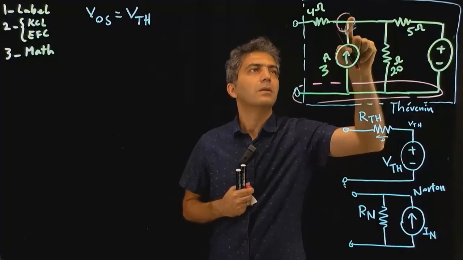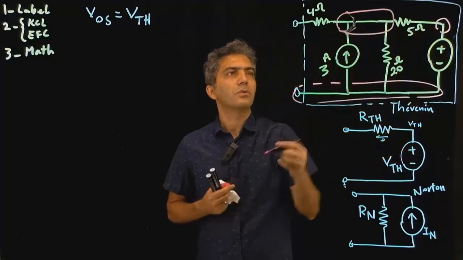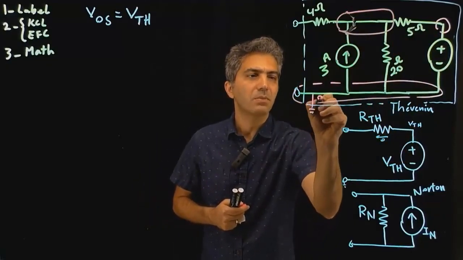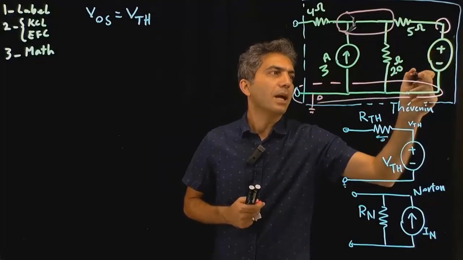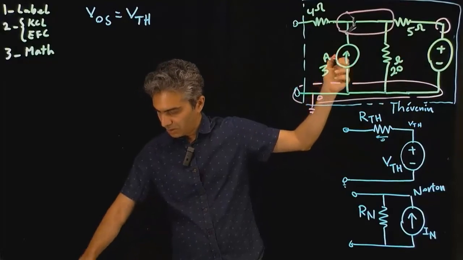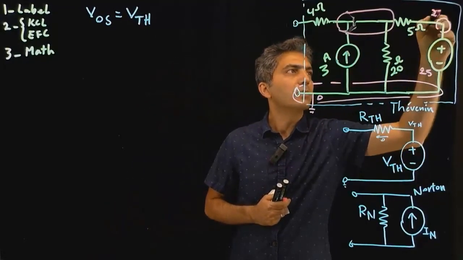Actually, this is one of the nodes, and that's another node. So there are 3 nodes in the circuit. Let's assume this is my ground. Immediately with that, the voltage, and let me actually check, I don't have the voltage written here. So it's 25 volts. So this is 25. So that becomes 25 volts.